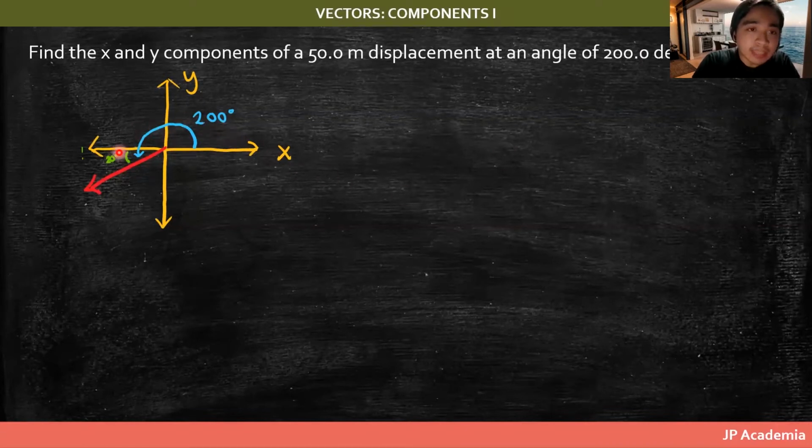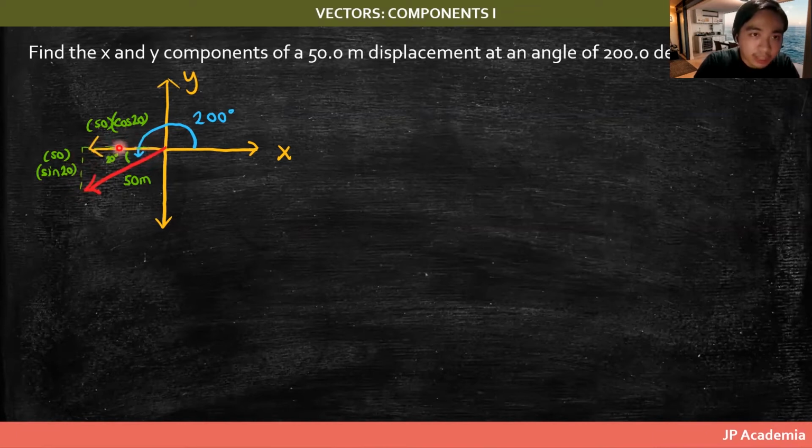Relative sa positive x-axis, we have this vector na color red. Then, itong green na to, we have the following components. So, we have here the x component, which refers to this one, yung horizontal shadow ng ating red na vector.